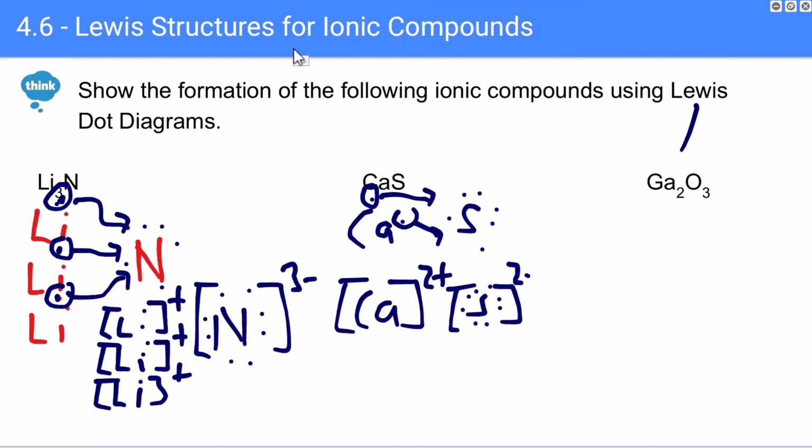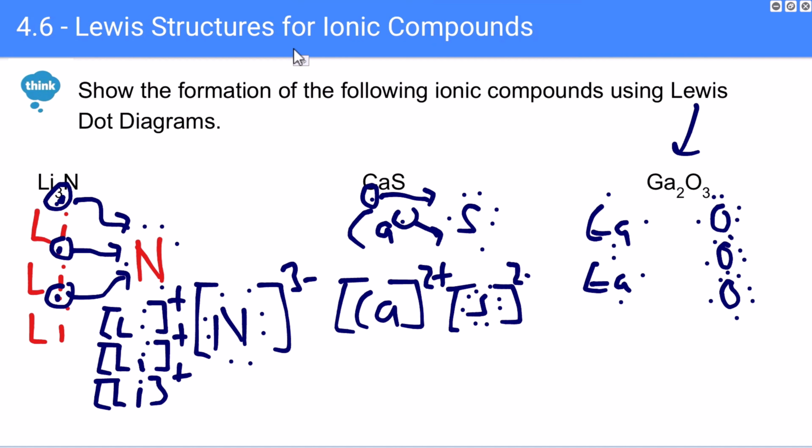So same thing here. Notice we need 2 galliums and 3 oxygens. So a little bit trickier to do this, but again, each gallium has 3 valence electrons, and each oxygen has 6. We transfer over the electrons.